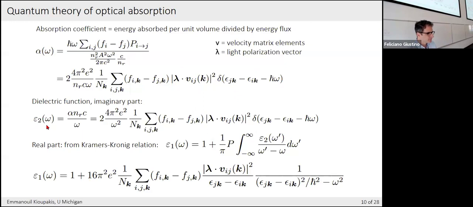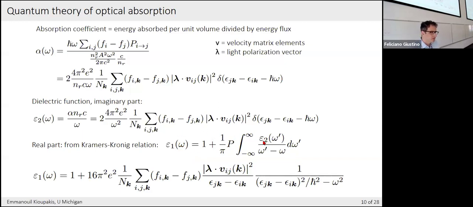So here they are. The dielectric function, again, just a different prefactor in the front because we have some different coefficients to multiply. And if you want to find the real part, now the imaginary and the real part are not independent of each other. Because of causality, they must satisfy the Kramers-Kronig relation.